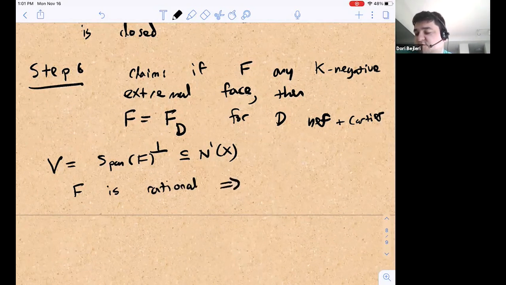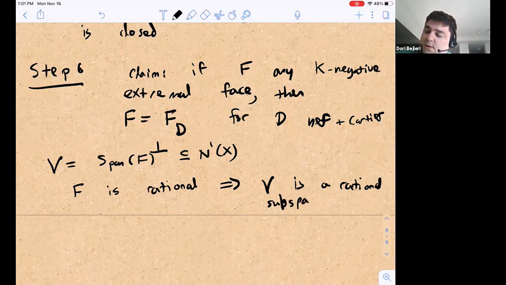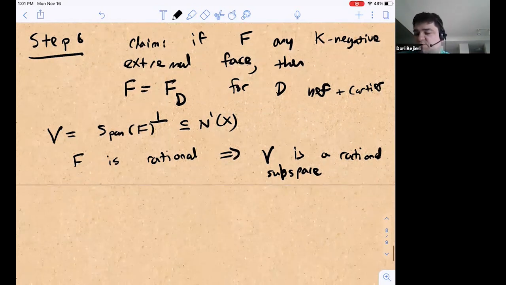So that implies that this V is a rational subspace, meaning that it has a basis with rational coordinates.